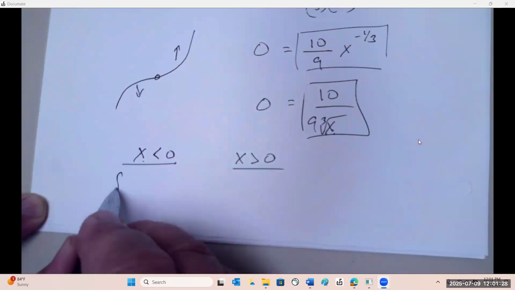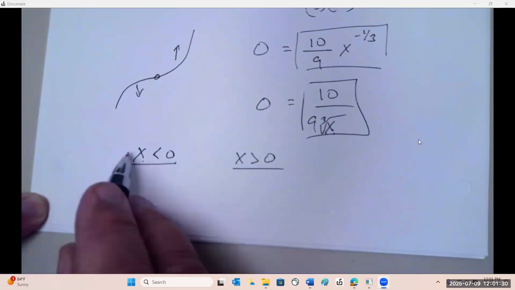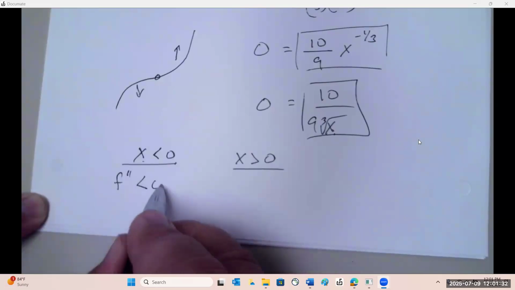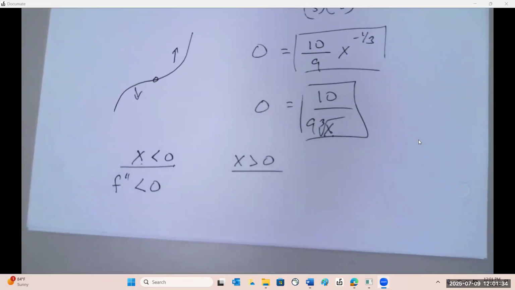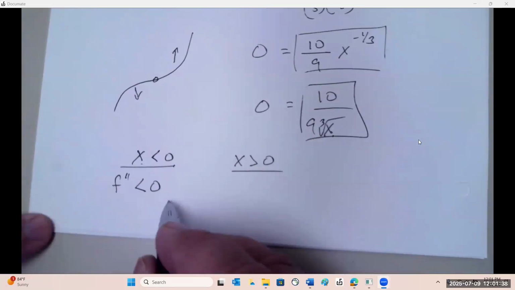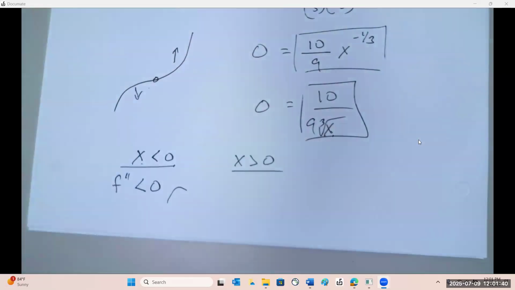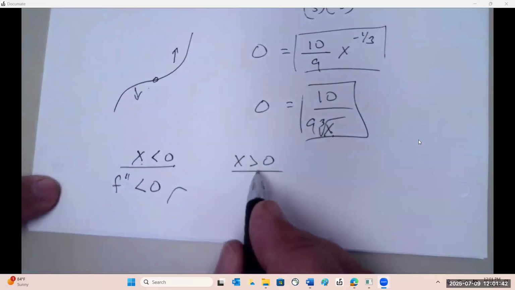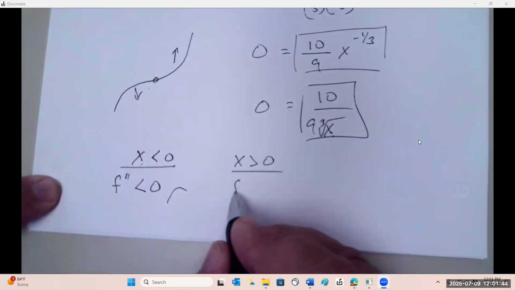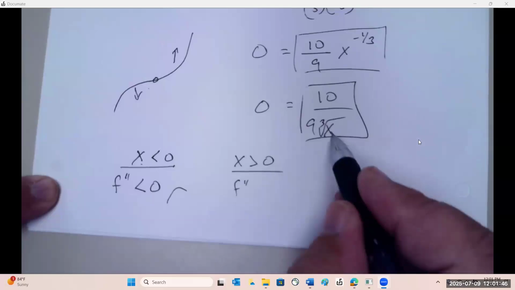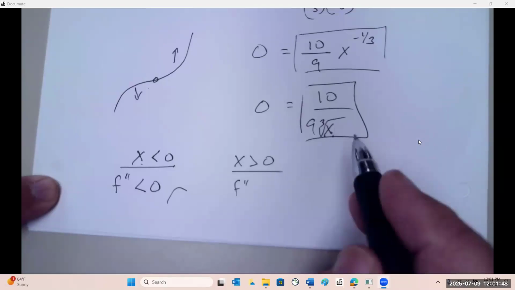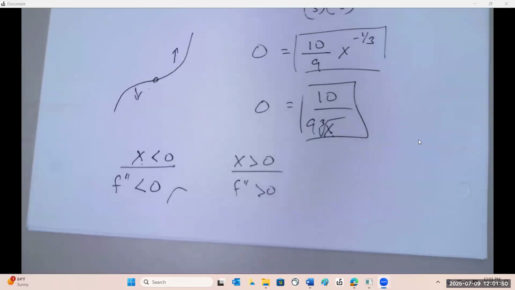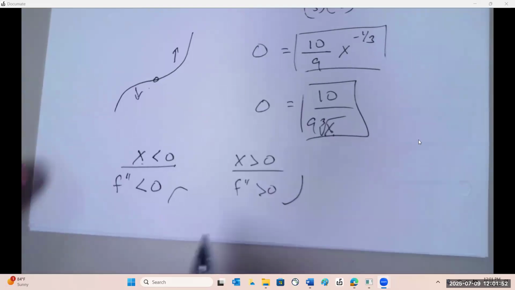So if I plug in a negative number in there, the second derivative is less than 0, which means it's concave down, which is what we thought. If it's greater than 0, I put a positive number in there, it stays positive, so it's concave up.